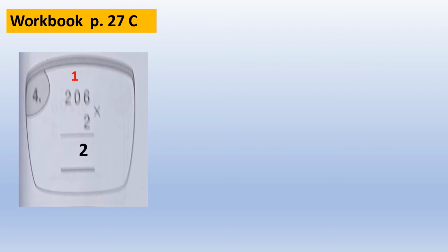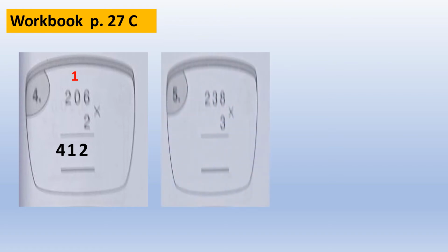And then 0 times 2 is 0. Plus 1 is 1. And then 2 times 2 is 4. So the product is 412. So you say 206 times 2 is equal to 412.